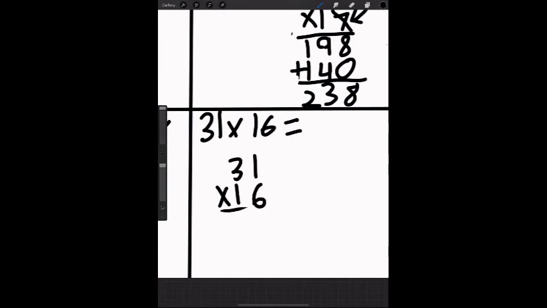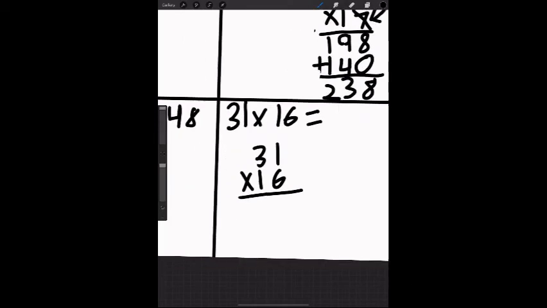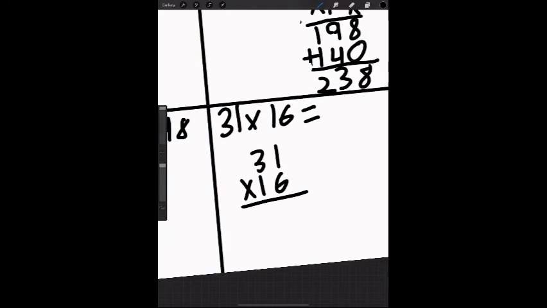But we only multiply it by 1, but we're gonna have that 0 down there, so they know you're actually multiplying by 10. So 1 times 1 equals 1, and 1 times 3 equals 3. So now we're gonna add 310 plus 96.